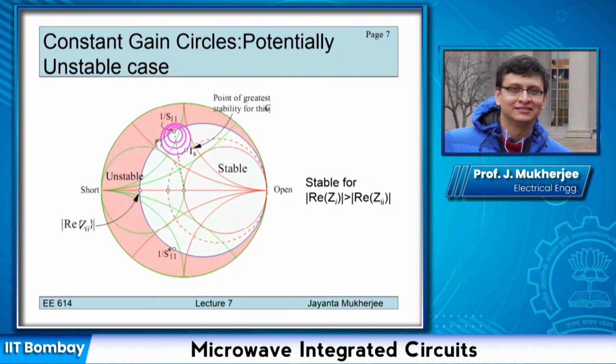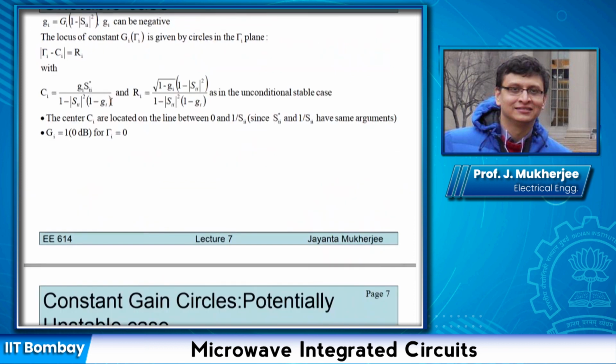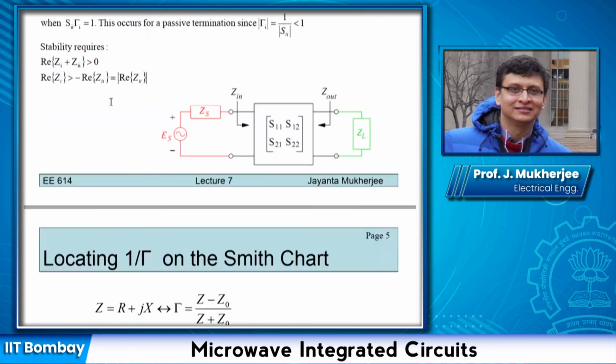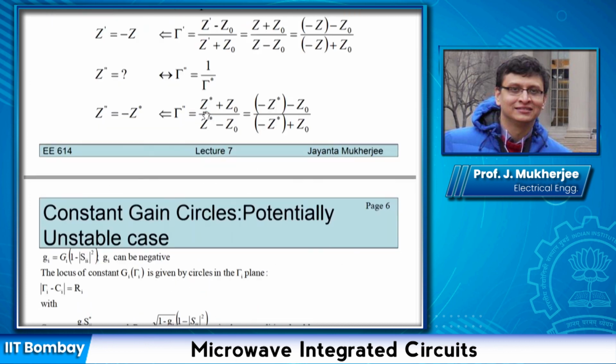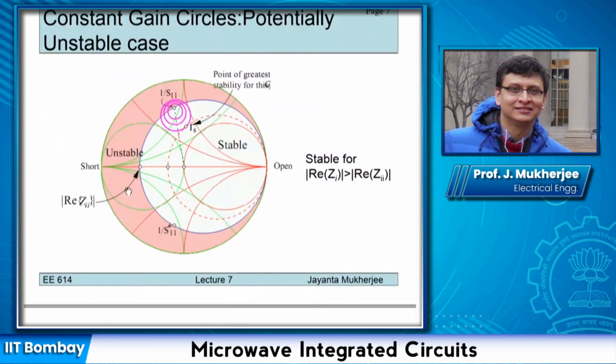These circles are not concentric, and in order to satisfy this condition, which was that the real part of Zi must be greater than the magnitude of the real part of Zii, that is represented by these two circles, this white circle and this pink circle. Suppose real part of Zii, where Zii represents the input impedance or the output impedance.